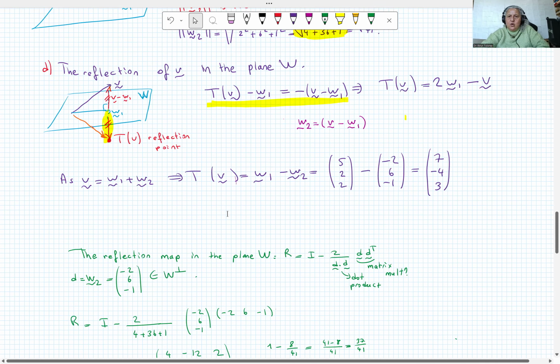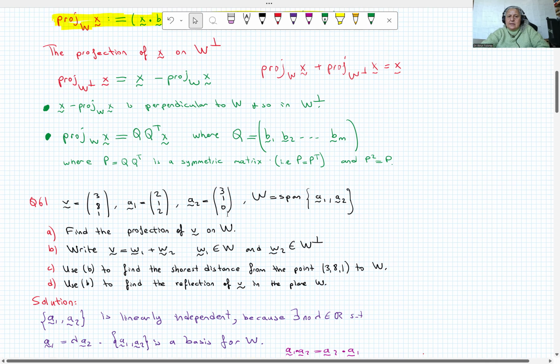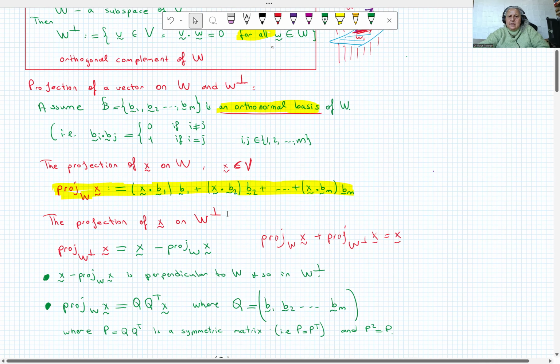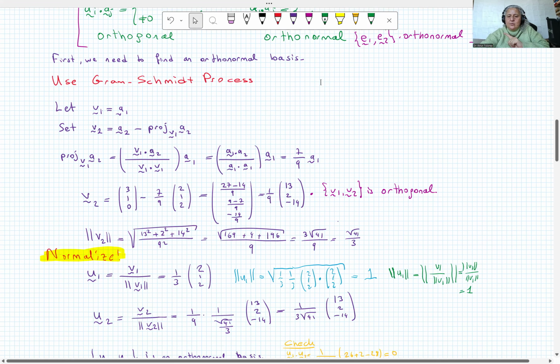Let me show you the formula again. So this is what is coming, where it is coming from. But in this case, you have one vector, which is the orthonormal vector. So this formula will be only this part, right? Your dot product with itself. So that's what I am doing here.